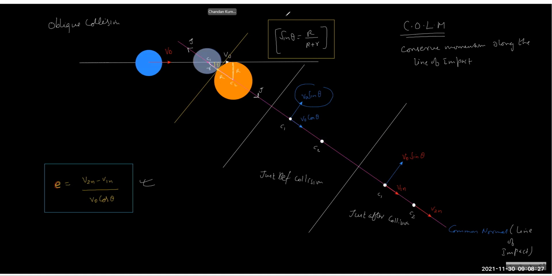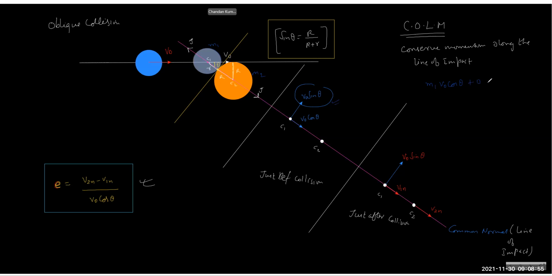The way of writing is M1, let's call it M1. But the velocity of the first particle along the line of impact is V naught cos theta. It's not V naught. So we don't write M1 V naught, we write M1 V naught cos theta, because whatever be the collision, this will remain fixed, no?